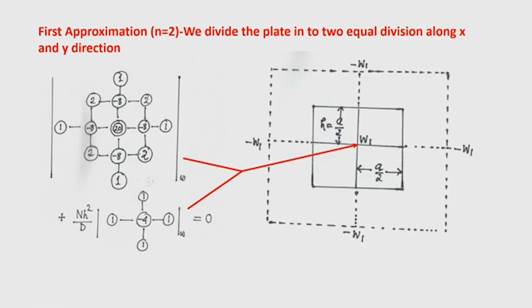Only one node has to be considered here. If you see the molecular form of the finite difference equation of the plate, 5 nodes have to be covered in the horizontal direction centrally and 5 nodes in the vertical direction centrally. So, the other 2 nodes fall outside the boundary.